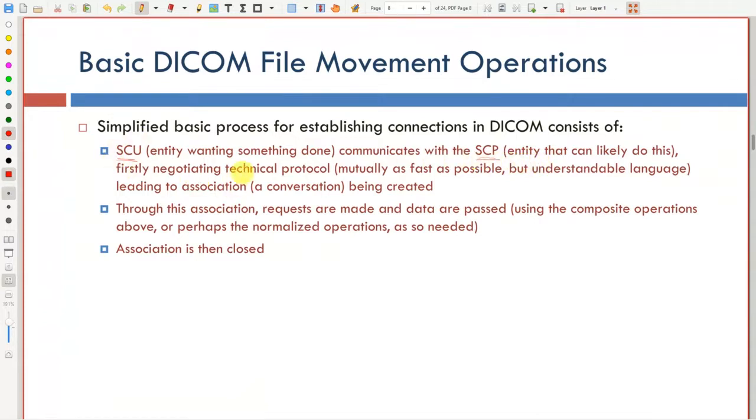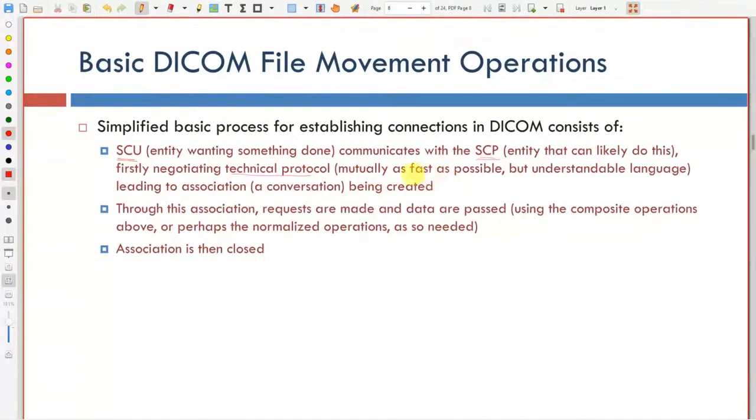You first start by negotiating the technical protocol, meaning that if you have a certain network connection between you and that other system, you negotiate exactly how you're going to transfer. For example, what kind of language would be sent, and the kind of connection itself, the speed of the connection, things of that sort, so that the two are compatible.